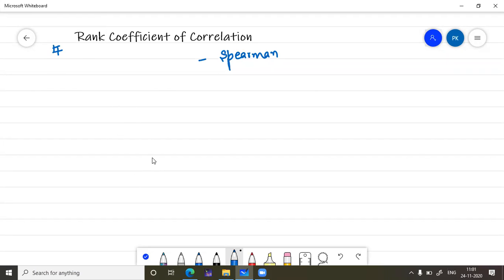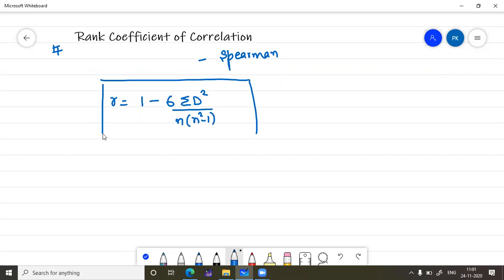It is computationally very easy to calculate, but it is not suitable for grouped data. The formula for the rank correlation, denoted by R, is R equals 1 minus 6 summation of D square divided by N square minus 1. This is the formula for evaluating Spearman's correlation coefficient.